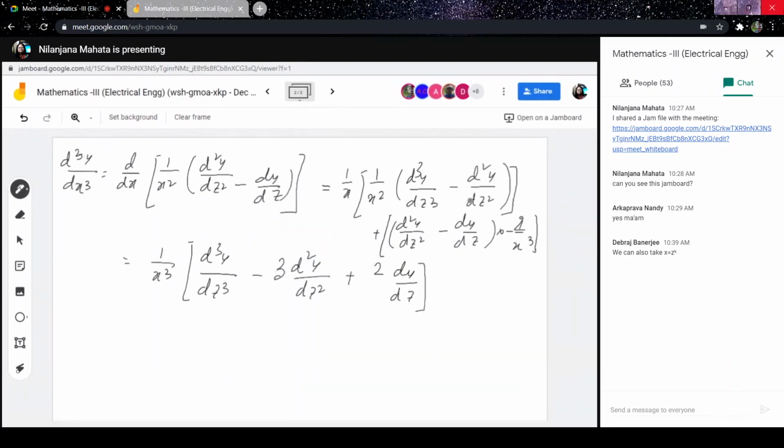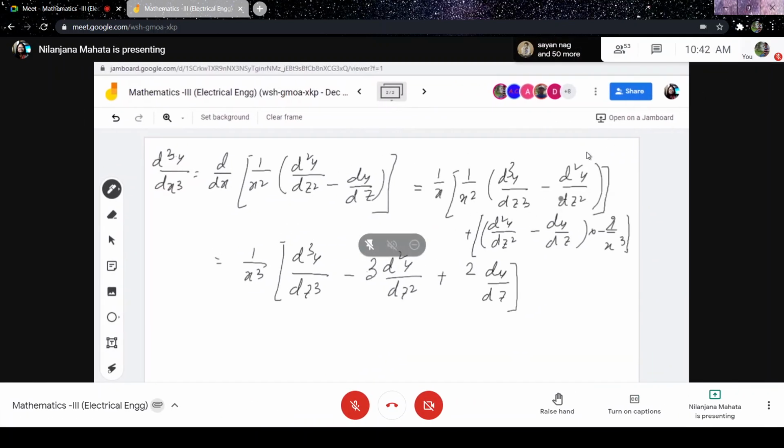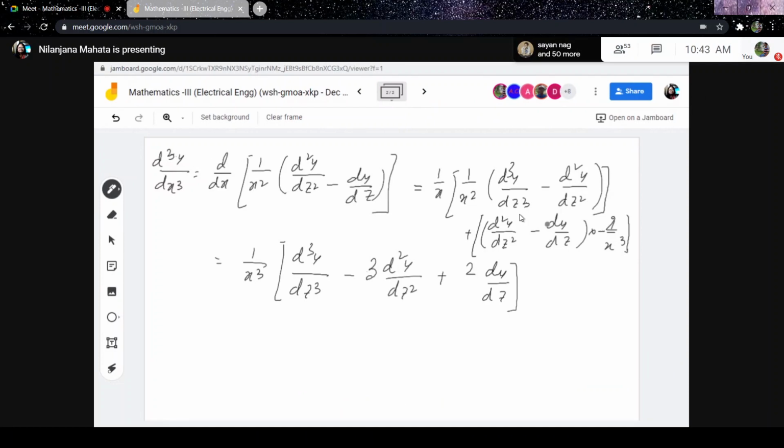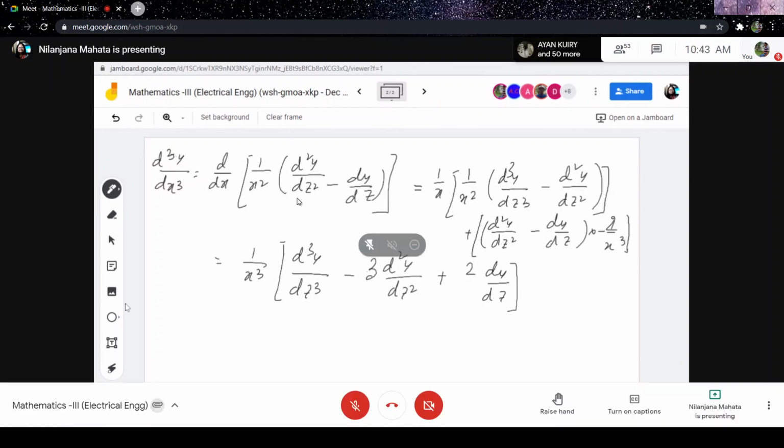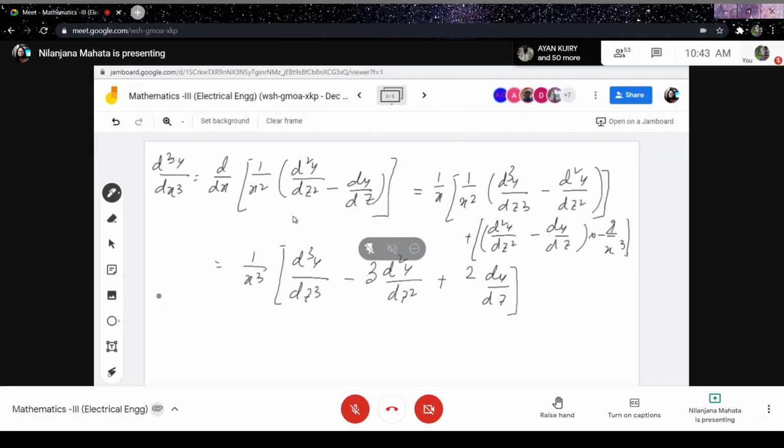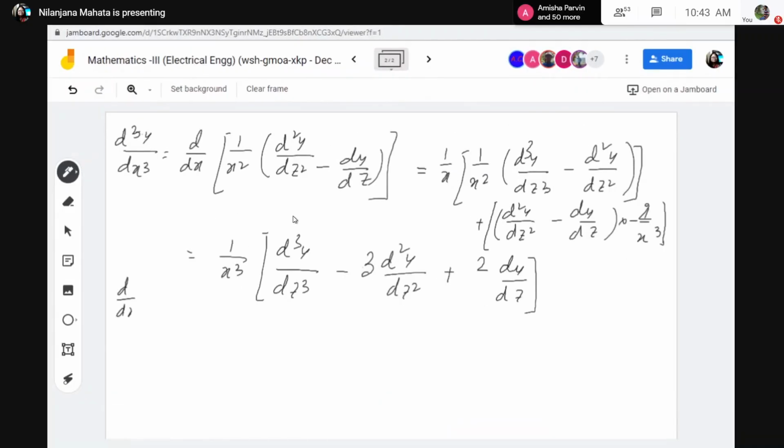So minus 1, minus 2. Okay. So if our d/dz was denoted by this, suppose I denote d dash, so I can replace this.